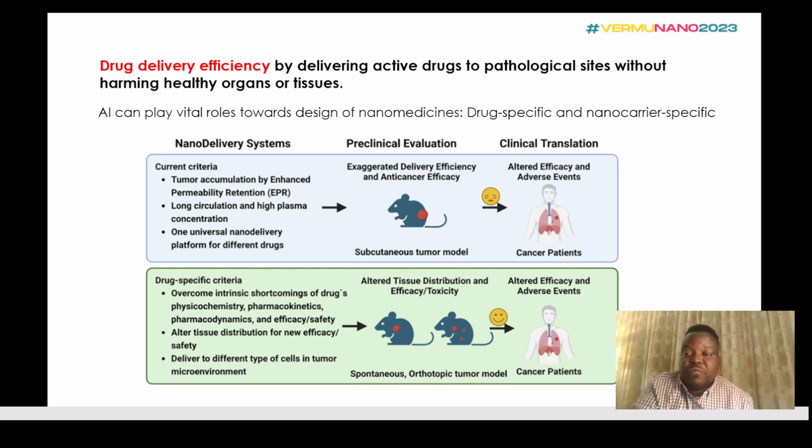So this is very important, using AI for drug-specific and nanocarrier-specific design. Because in most cases with drug delivery systems, we focus on being nanocarrier-specific without thinking about being drug-specific, that is, how the drug will behave after release from the nanomaterials.